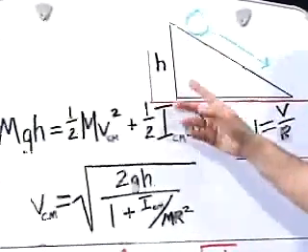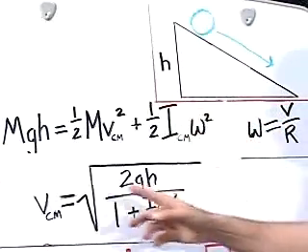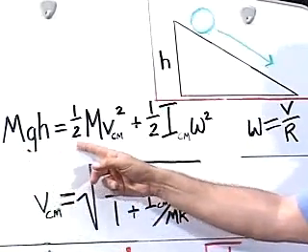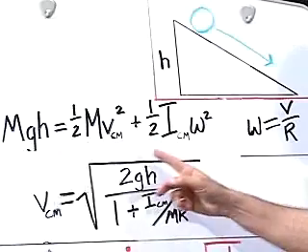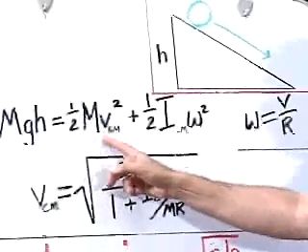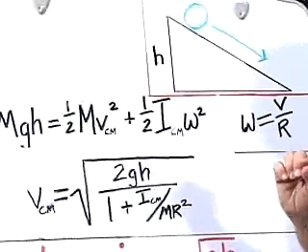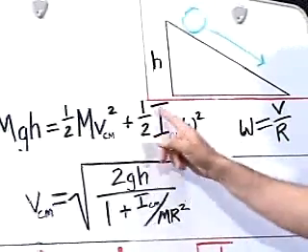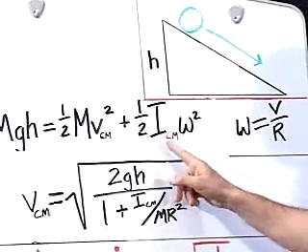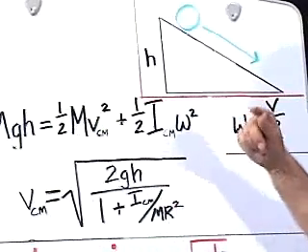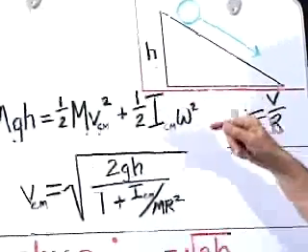After they finished traveling through a vertical height h, the initial potential energy, mgh, has been converted into kinetic energy by this formula over here. 1/2 mv squared represents the contribution to the kinetic energy from the motion of the center of mass of each object, and 1/2 I omega squared, where I is the moment of inertia, represents the additional kinetic energy simply because of rotation about the center of mass.